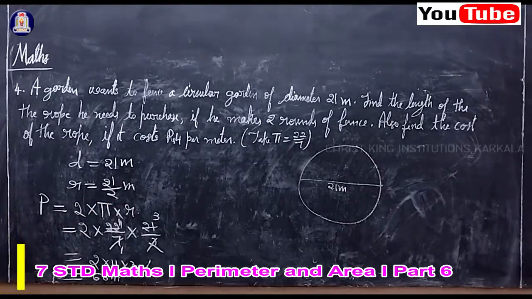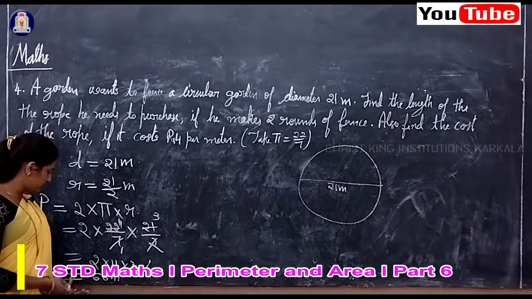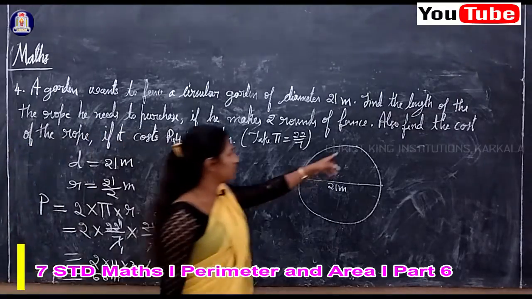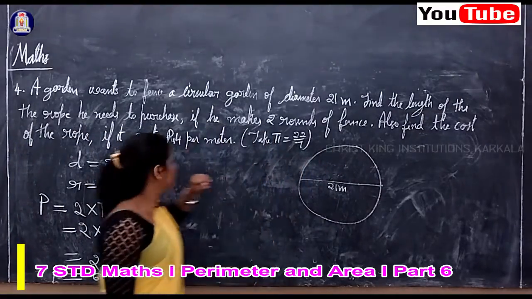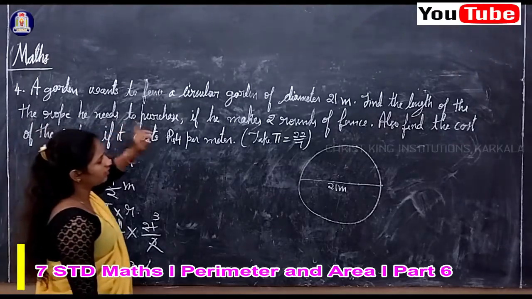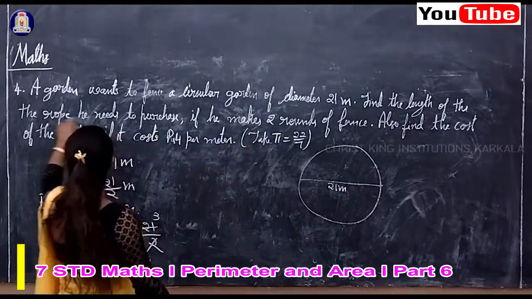Clear? So now that we know the circumference of the circle, we can find the rope he needs to purchase. What we need to find is the length of the rope.